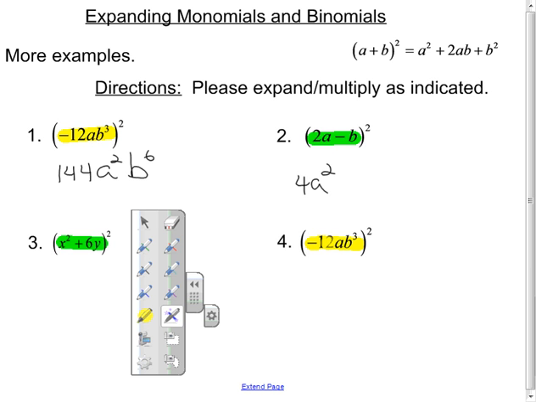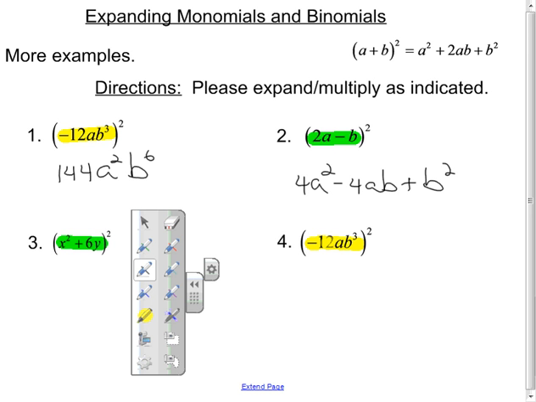And then I'm going to do the left term times the right term times 2. So that's going to give me a negative 2ab, but I'm going to double it. So I'm going to get negative 4ab. And then I'm going to take the right term, which is negative b, and square it, which becomes a positive b squared.